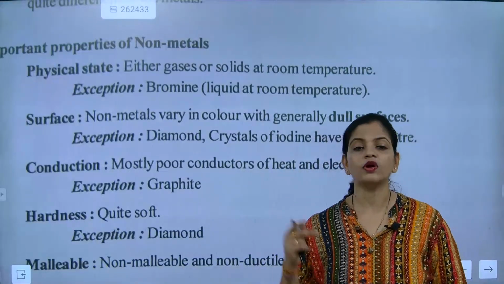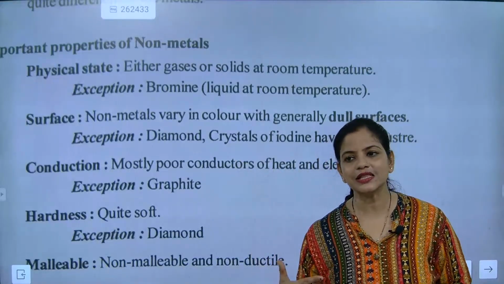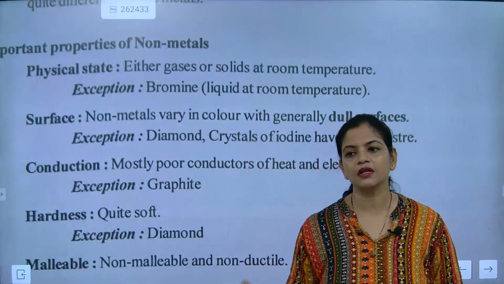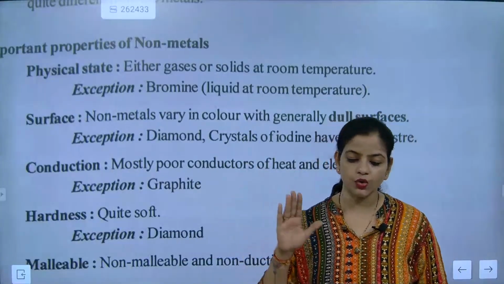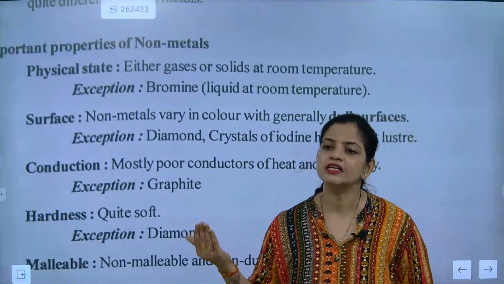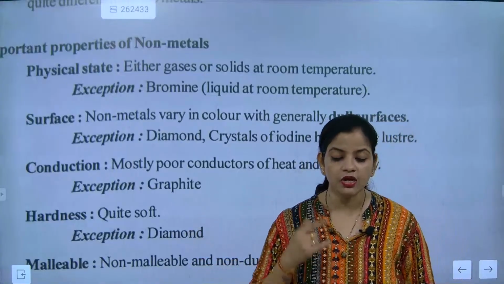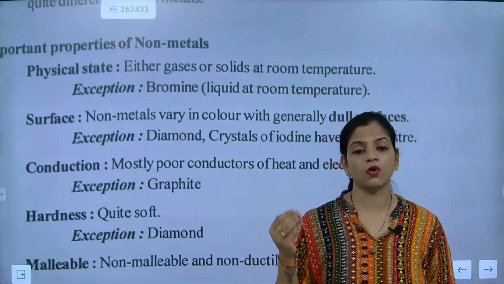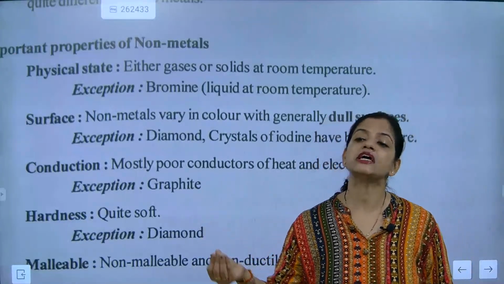Here we discussed that diamond is an allotrope of carbon. Carbon is a non-metal. Understood? And diamond is totally different from this part because it has a shiny surface. Conduction: are they good conductors of electricity? Non-metals are not, but the only exception is graphite.